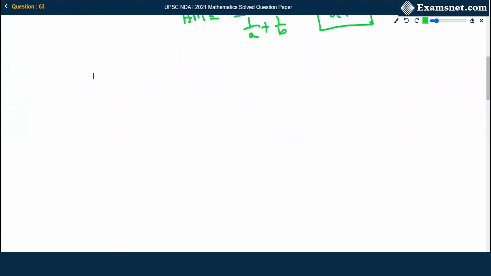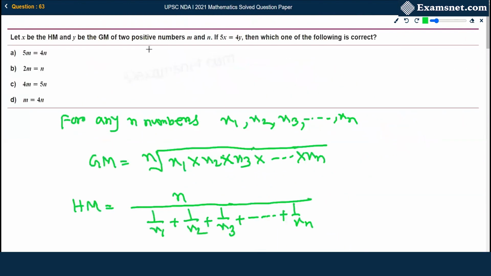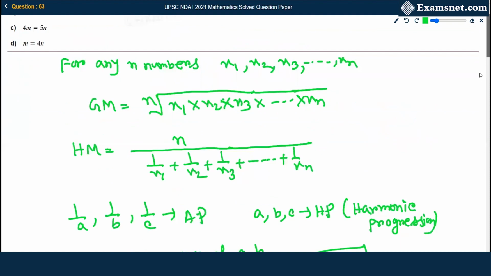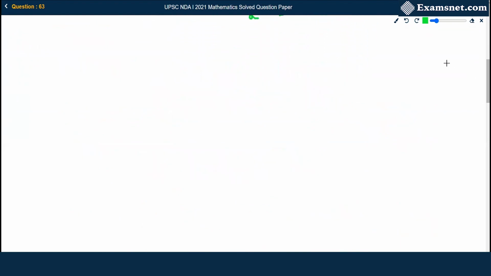Since there are two positive numbers, x is the HM and y is the GM, and the positive numbers are m and n, we will solve in terms of m and n. So GM of m and n equals y, that means root under mn equals y.